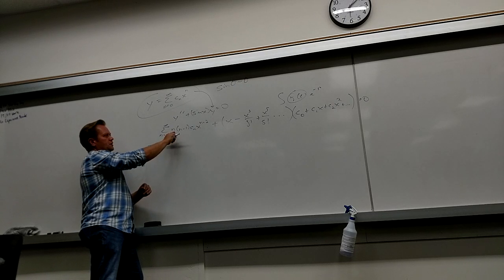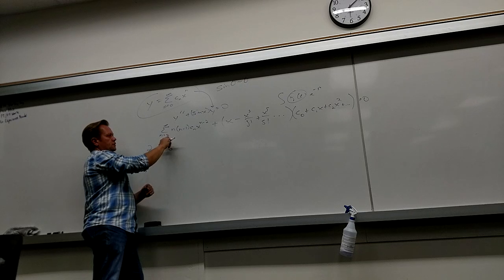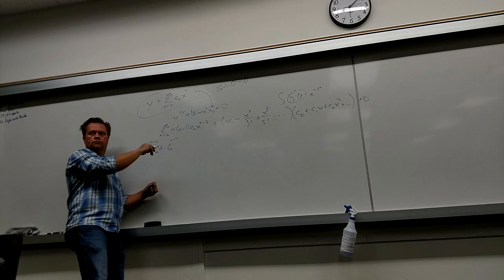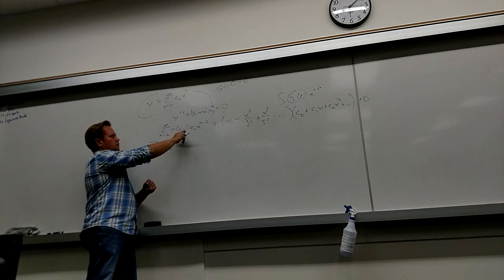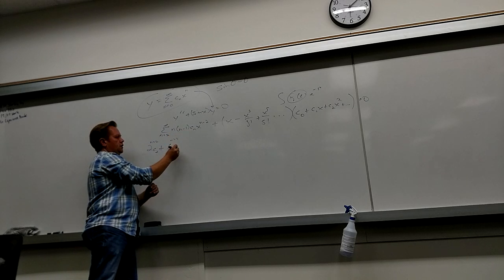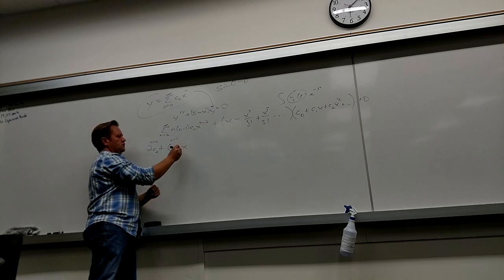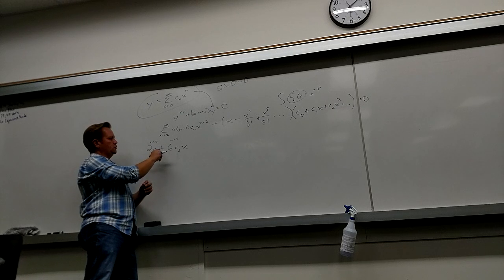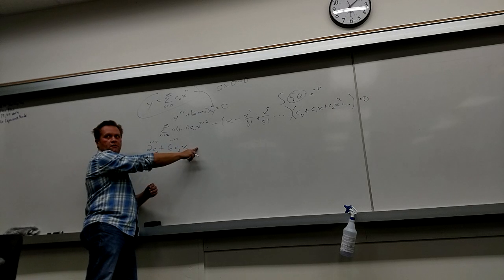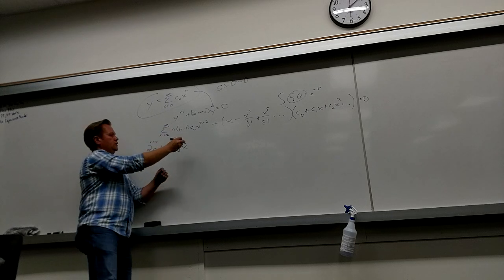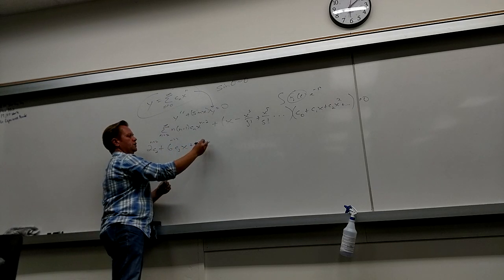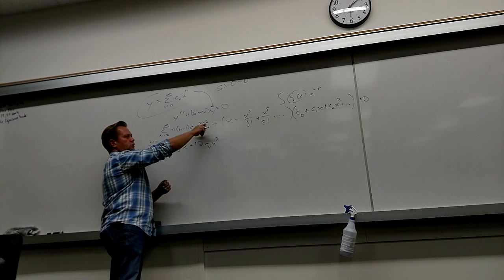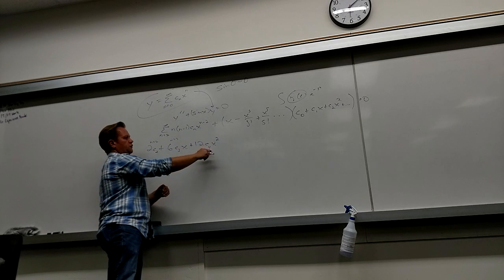Plus 3 times 2, 6 c3, x to the first, for n equals 3. Notice this is 2 times 1, 3 times 2, probably going to be 4 times 3. So plus 12 c4, x to the second, because the exponents are 2 off.